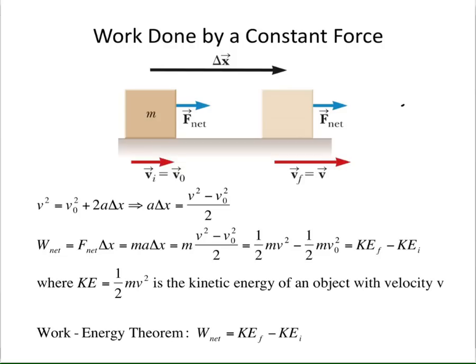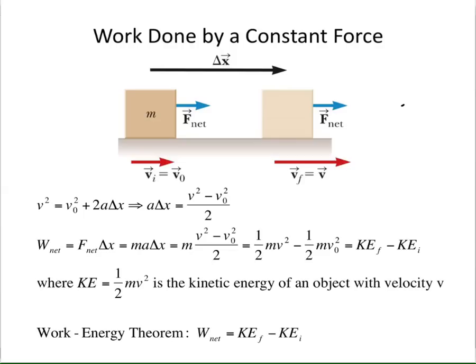When going a distance delta x, the object during this displacement will increase its speed. So until the end of this displacement, the velocity will be increased to a final velocity which is larger than the initial velocity v0.